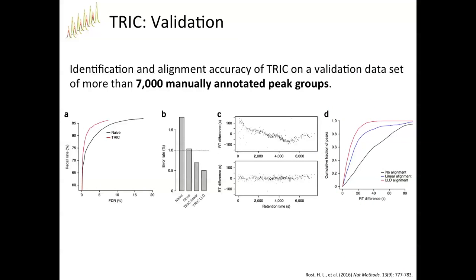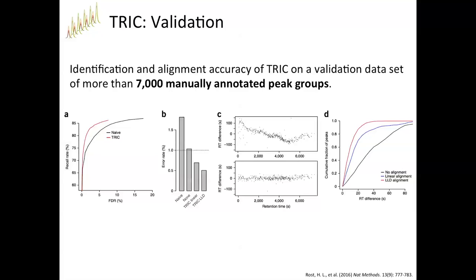And this is just to show how TRIC actually really improves your data. So this is a validation data set where 7,000 peak groups have been manually annotated. And you can see that if you use the naive OpenSWATH workflow, you would get a recall rate shown with a black line. And if you use the TRIC alignment, you get a much better recall, and also the error rate estimation gets more precise.